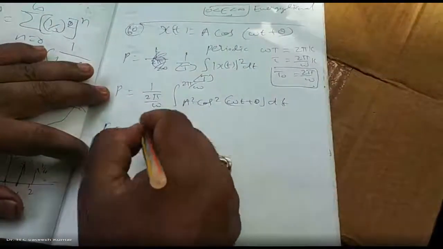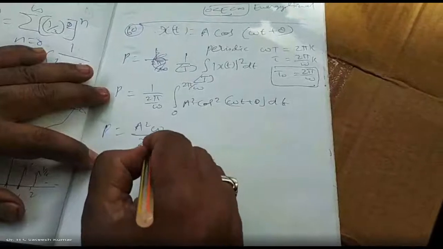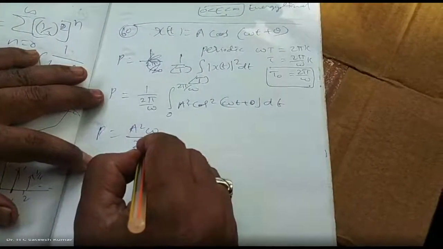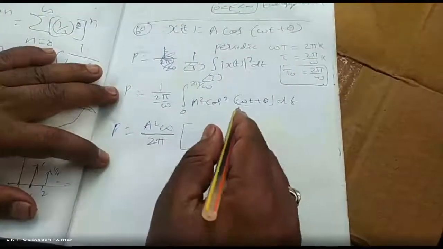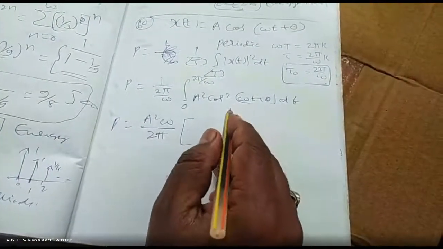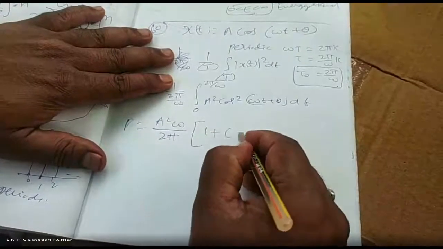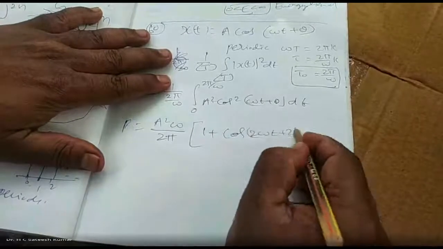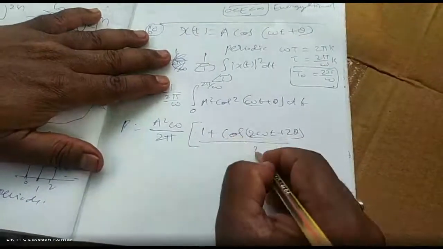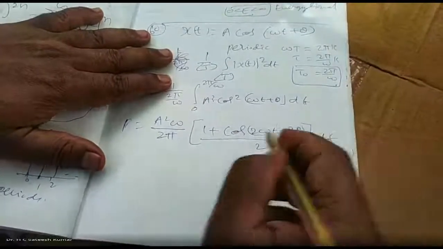P is equal to A square, this omega will go to the numerator, A square omega divided by 2 pi. Cos square theta is nothing but 1 plus cos 2 theta divided by 2, so 1 plus cos of 2 omega t plus 2 theta divided by 2, dt.